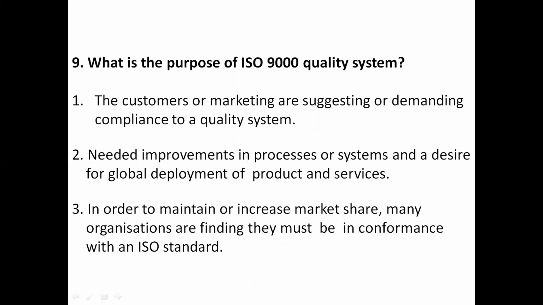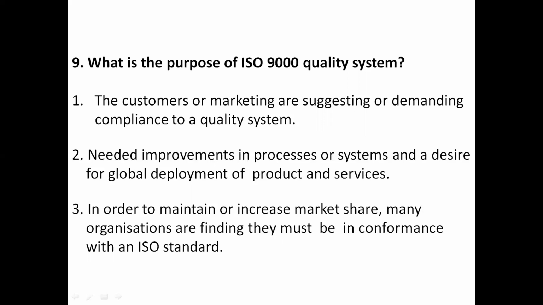Then this comes under the 5th unit. What is the purpose of the ISO 9000 quality system? Purpose, objective, need, everything, it is the common question. The customers, marketing or others are suggesting, demanding or complaining about the quality system. There must be a system, and you should follow it. It needs improvements in the process or system and desire for global deployment of products and services.